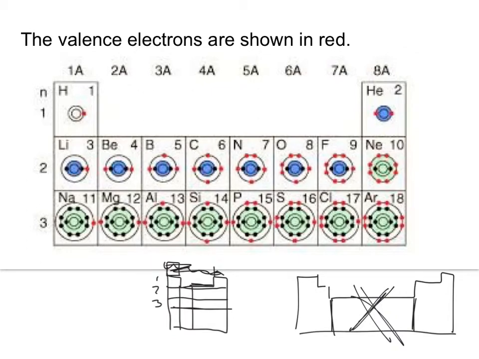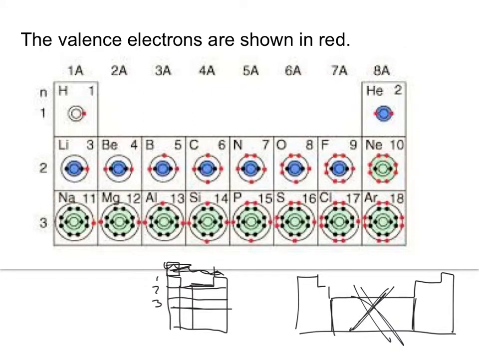Notice all of the valence electrons are shown in red. In our third row, or our third period, we have 3 shells of electrons. And so these valence electrons are still on the outermost ring, on that third ring out.